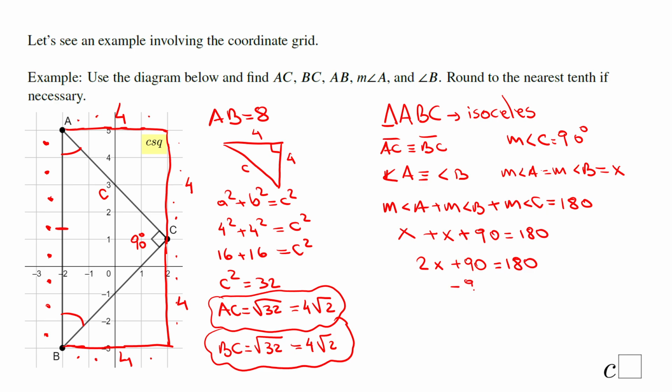To find x, I'm going to subtract 90, and we have 2x equals 90, and divide by 2. We have x equals 45. Don't forget what this x is. This x represents the measure of angle A.